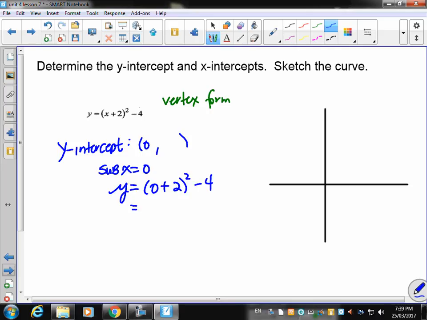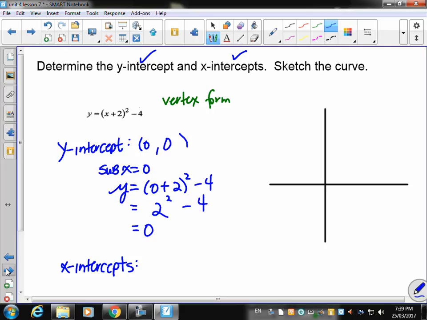0 plus 2 is 2. So I have 2 squared. Subtract 4 is 0. So I have a y-intercept of (0, 0). I am looking for the x-intercepts as well. For the x-intercepts, I most certainly don't want to change forms because I would have to do it twice.